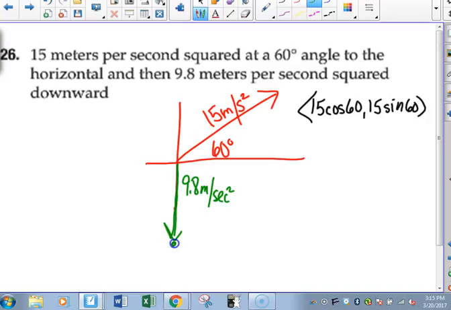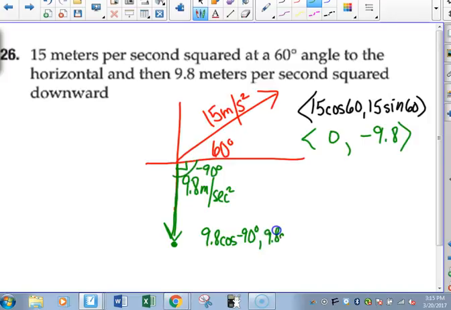What would cause you to go to that point right there? Over 0 and down 9.8, does that work? And like I said, you could do 9.8 cosine of negative 90 degrees because it went here, right? And 9.8 sine of negative 90, and it would work.